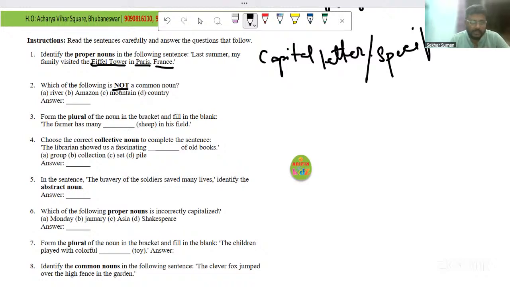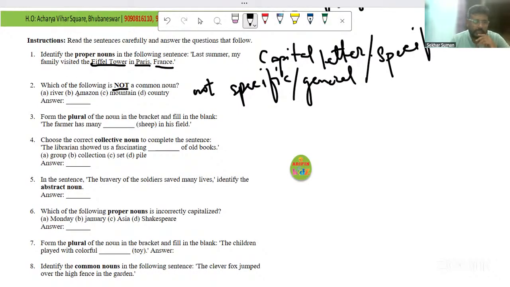Okay. So as it asks us that is not a common noun, the basic feature of a common noun is not specific. And when we talk in general, okay.